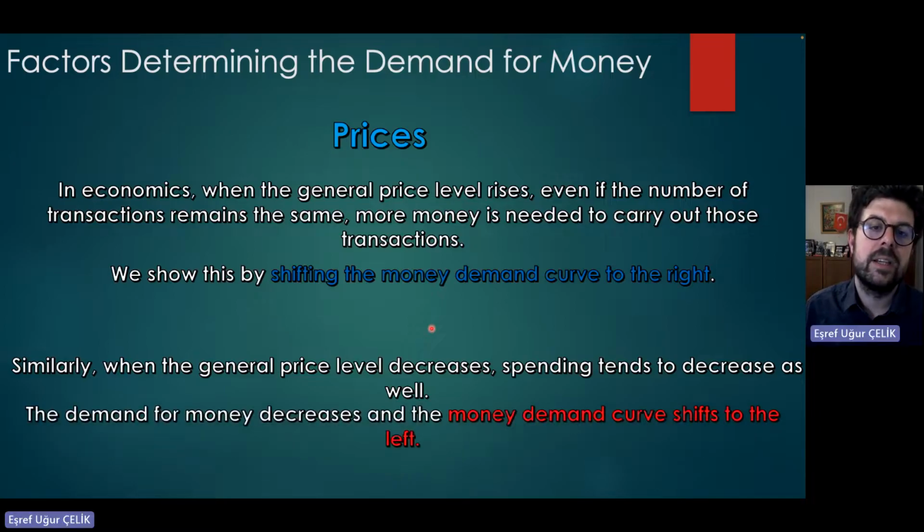When the general prices become lower, we need to hold less money for buying goods and services. That's why the transaction motive becomes lower, and the money demand becomes lower. And in that sense, money demand shifts to the left. Okay.